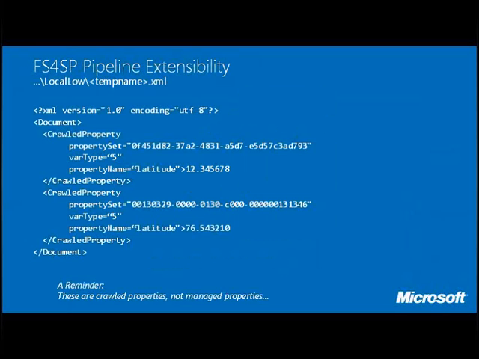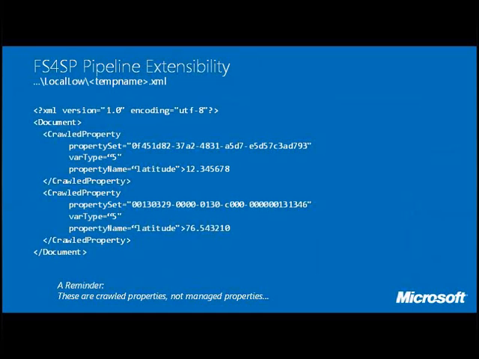So the input file is a simple document, UTF-8 encoded. It's just a document element with crawled property elements that have 3 attributes. Property set defines your data source. So you'll have one GUID for SharePoint, another GUID for a database crawl, another for an Exchange crawl, another for a web crawl.